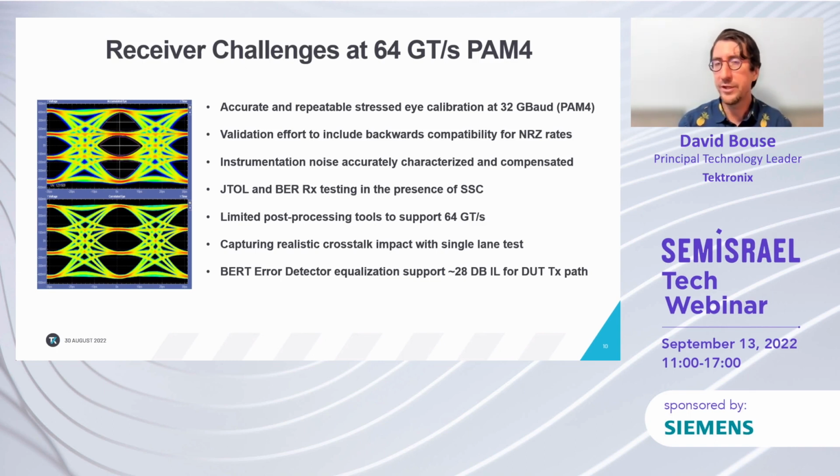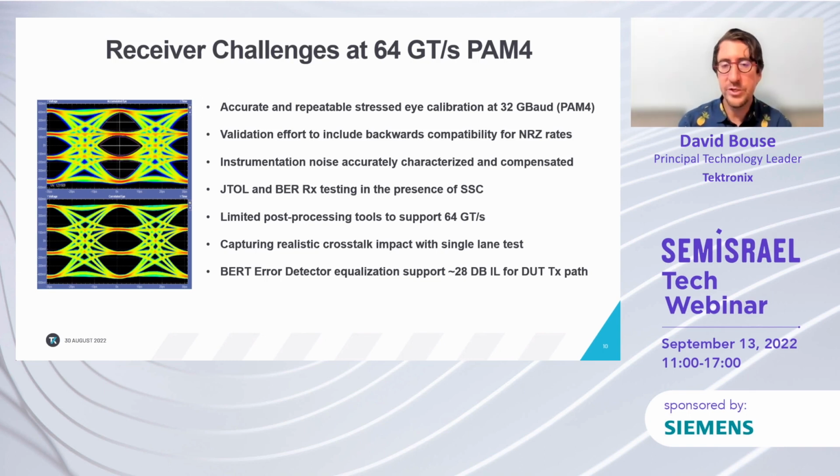And we're really just starting to get into testing the receivers and member companies having silicon within their test chip and starting to look at this. So I'm sure there's challenges here that are listed and some that we've missed as we continue to evolve and understand this a little bit more.